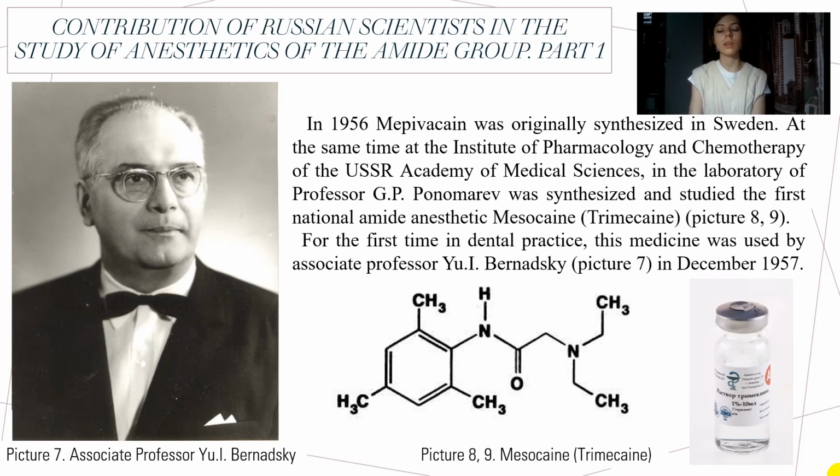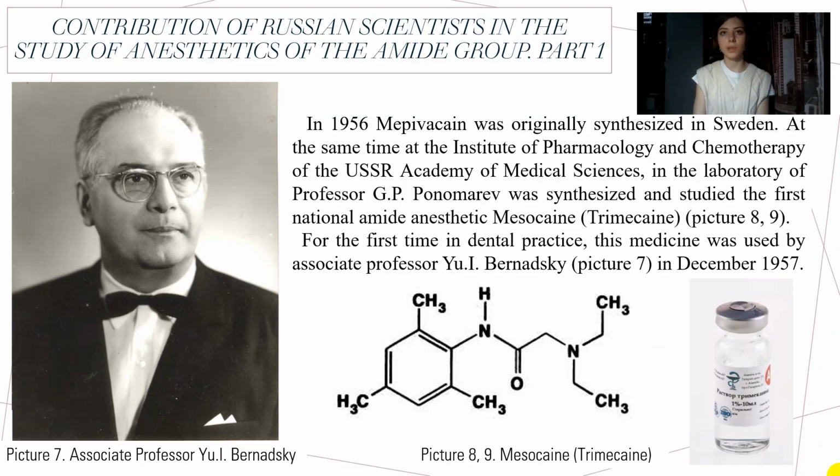Mepivacaine is also xylidine's derivative. This anesthetic was studied in detail by Professor Branichnikova in 1956, 57, and 59. In an experiment, as well as by Professor Sharov in 1962 and 1964 in clinic.